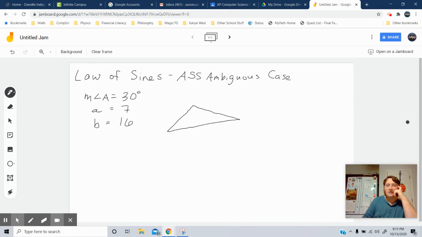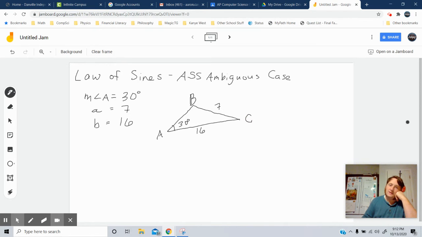You would say, okay, maybe this angle is 30, and if that's angle A, then side length a would be over here, 7. Let's say this is angle B, so side length b would be right here, 16. This would be angle C.